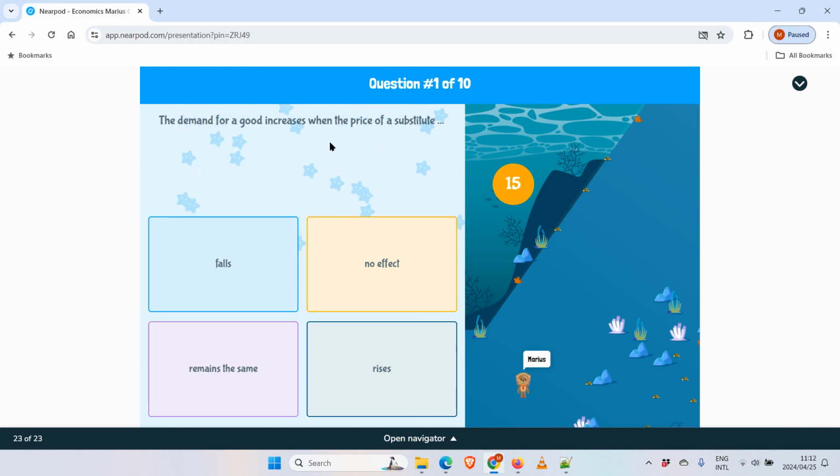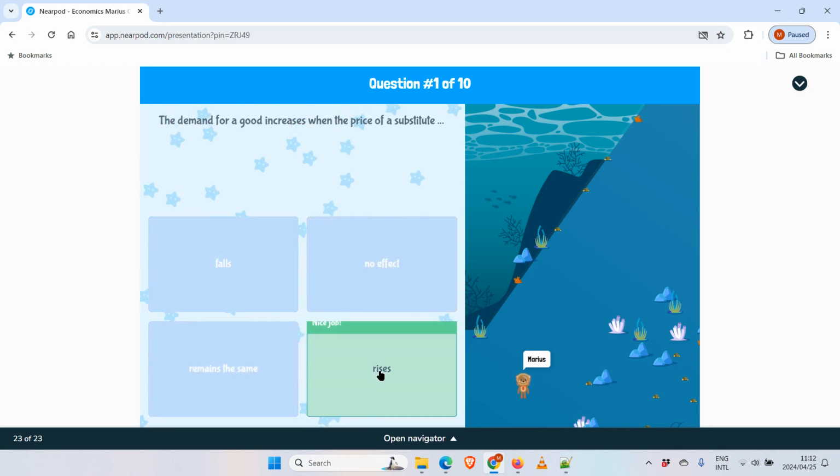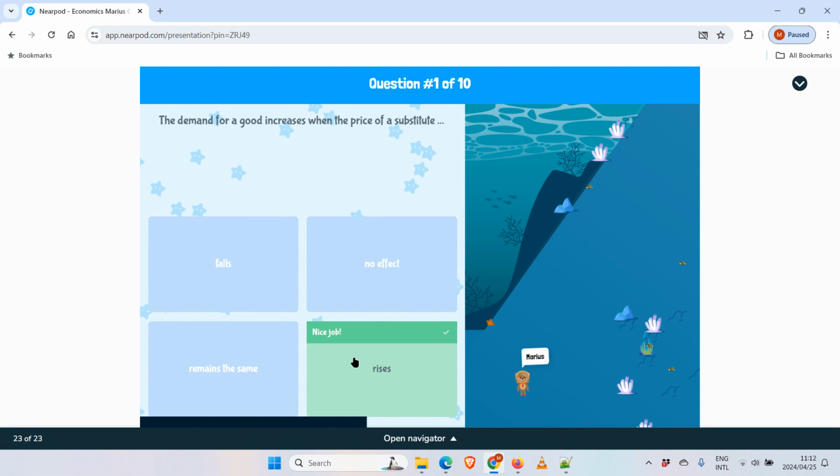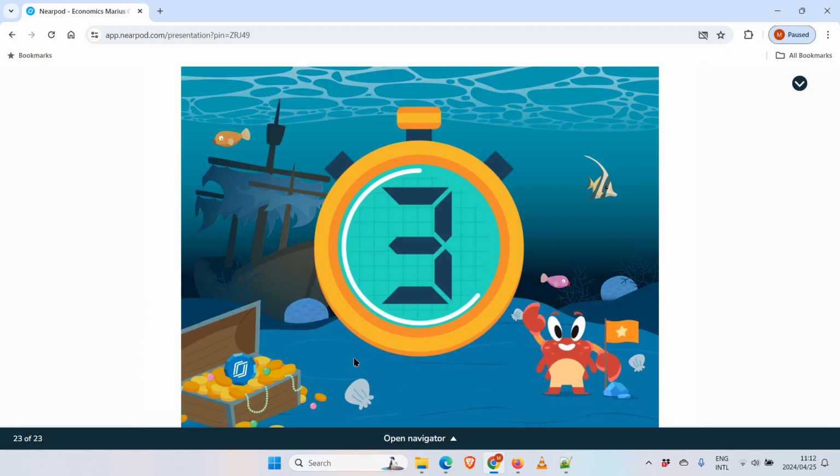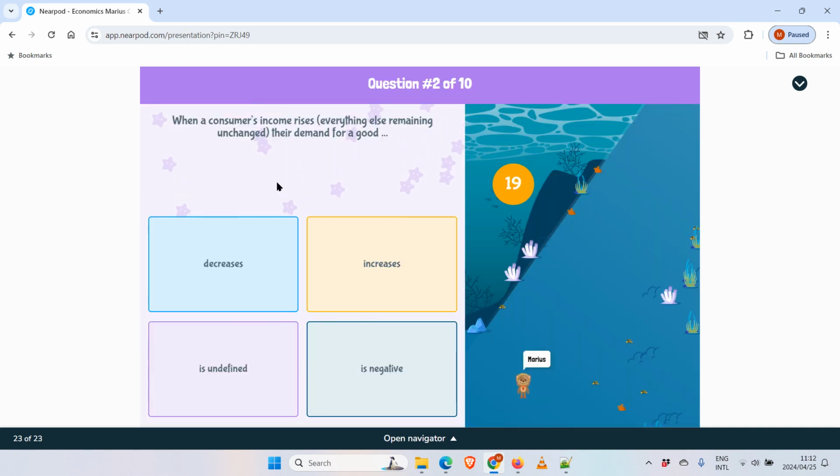that's question number one. The demand for a good increases when the price of a substitute also rises. Okay, so that would be correct. So these questions will appear and the students will enter their answers.